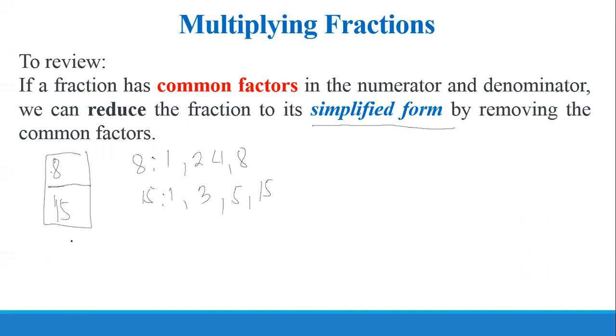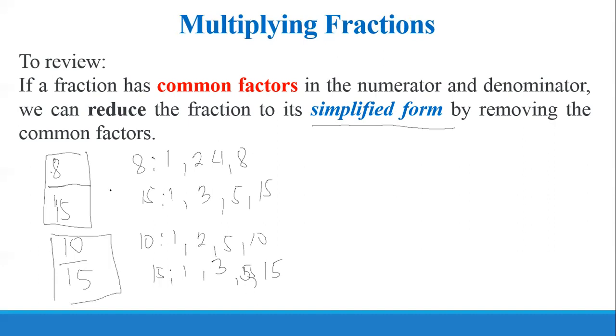Another one, given the fraction 10/15. So, what are the factors of 10? We have 1, 2, 5, and 10. And for 15, 1, 3, 5, and 15. Okay? So, 8/15 is simplified, kasi they have no common factors.